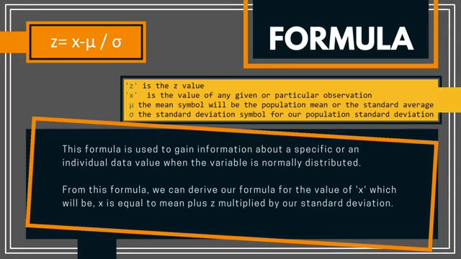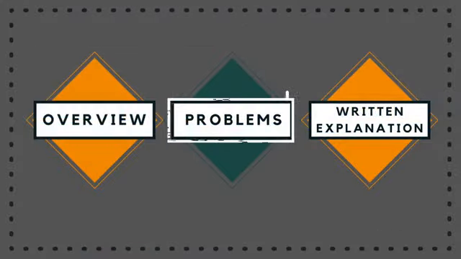This formula is used to gain information about a specific or an individual data value when the variable is normally distributed. So from this formula, we can derive our formula for the value of x, which will be x is equal to the mean plus z multiplied by the standard deviation. And now that we have this information, we can try to use it and apply it to real-life situations.